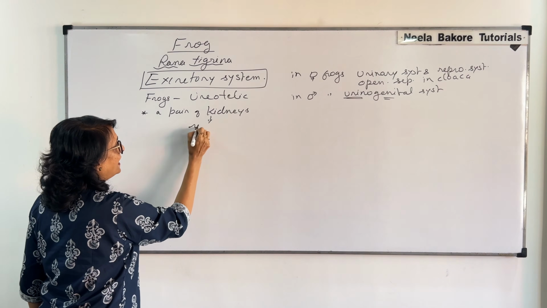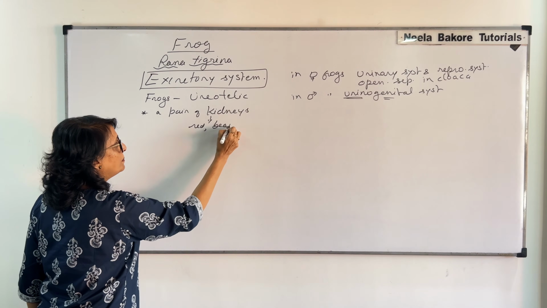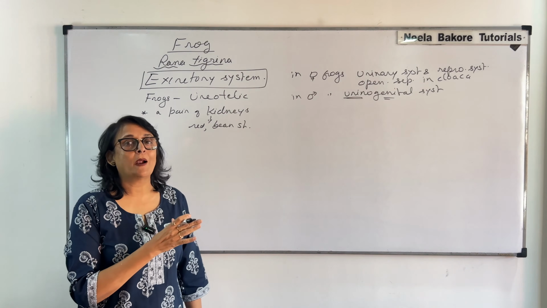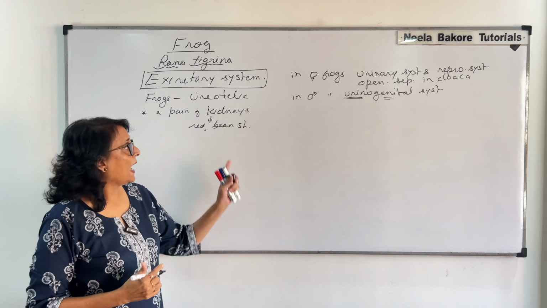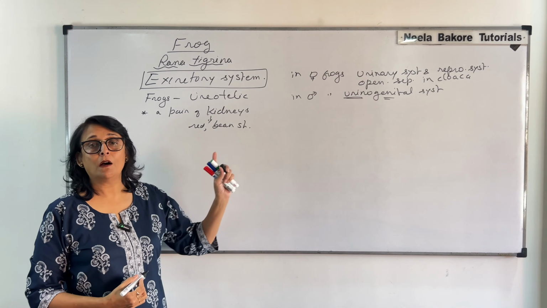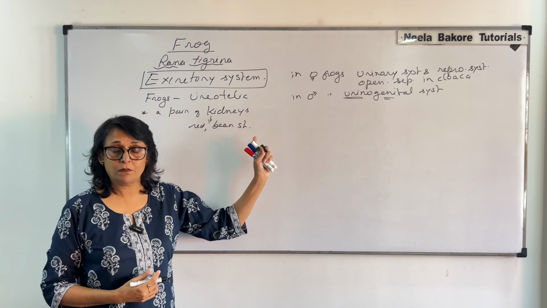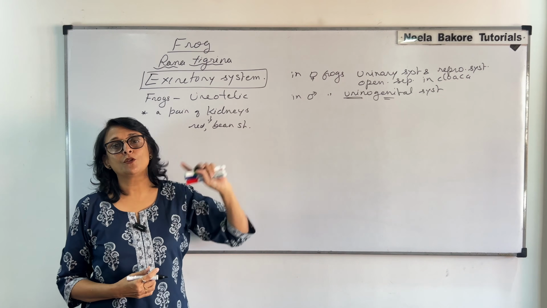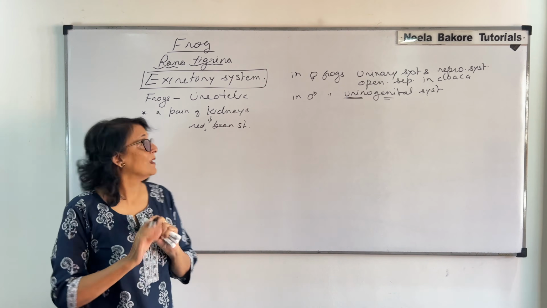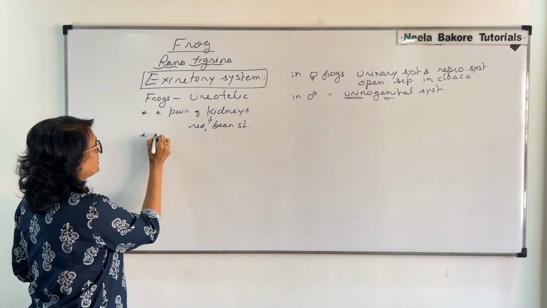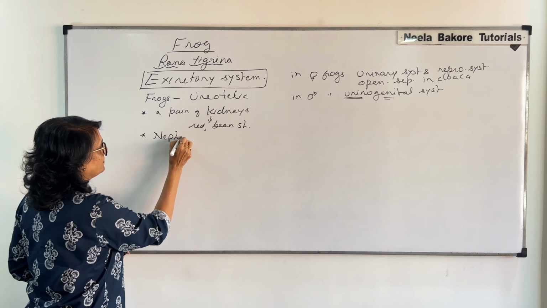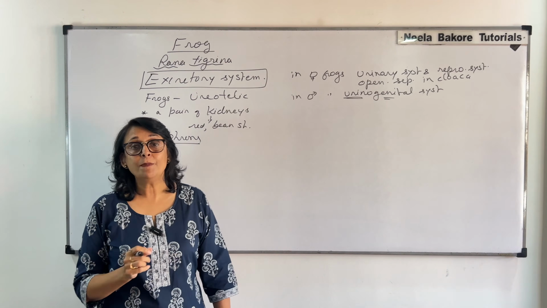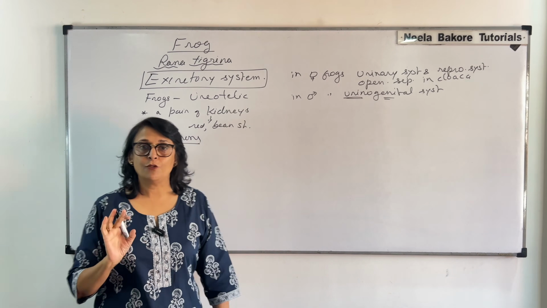Kidneys are red, bean-shaped, elongated structures which are present in the posterior part of the trunk. And we will be talking about the female urinary system separately first, and later we will be talking about the urinogenital system in males. Kidneys have nephrons, which are the main structures which help in elimination of the nitrogenous waste.